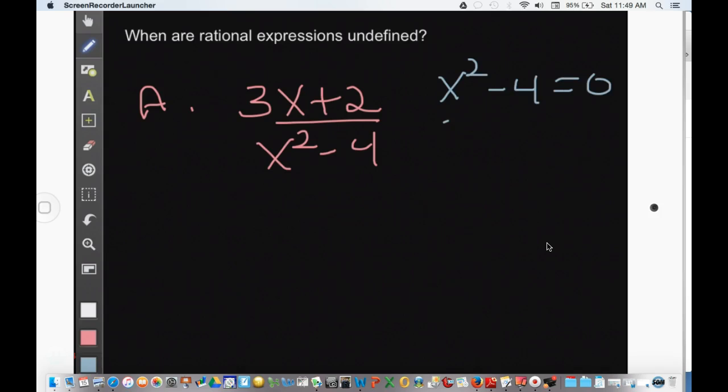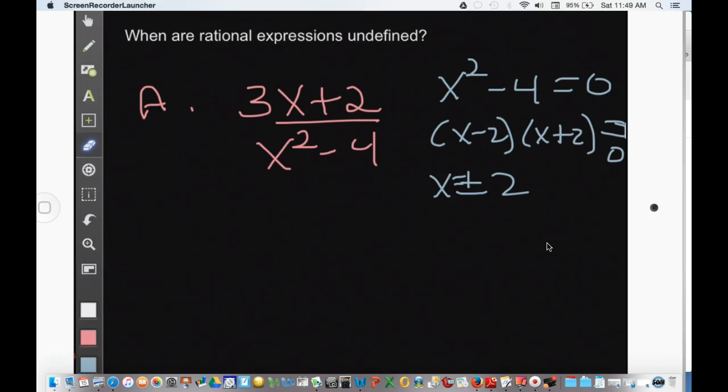To do this, I'm going to factor, noticing that this is the difference of two perfect squares, and I'm going to see very easily that if x is equal to plus or minus 2, sorry, that got a little messy there. In fact, that's going to drive me a bit crazy, so I'm going to erase that. Sorry.